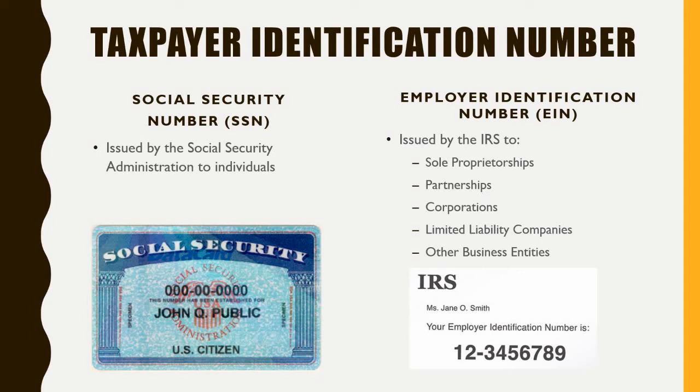Now, a business identification number is distributed by the IRS, okay? So that's what's different: one is from the Social Security Administration, and this one is from the IRS itself. And this one has the same 9 digits, except the way that it's arranged is different. So it goes 2 digits, then the rest of the 7 digits.